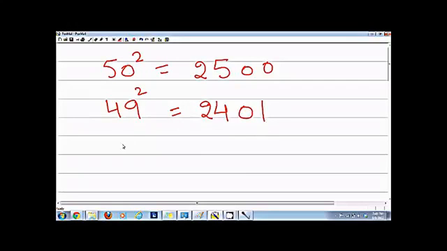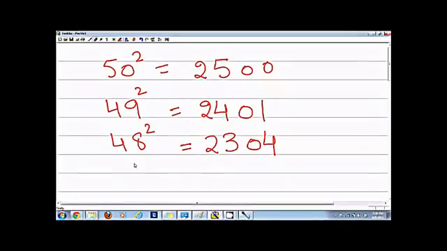Again, if I have 48, I will subtract 2 from 25, that is 23, and then take the square of 2, which is 4. So the answer is 2304. This is a quick method, so you can square any number which is close to 50.